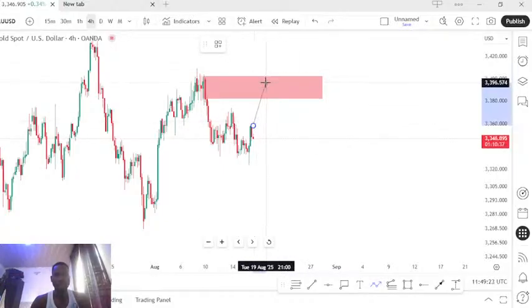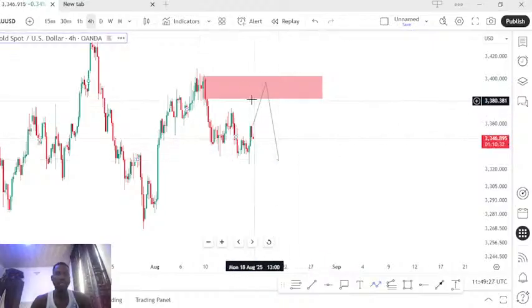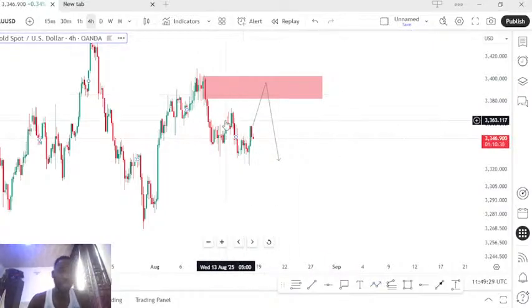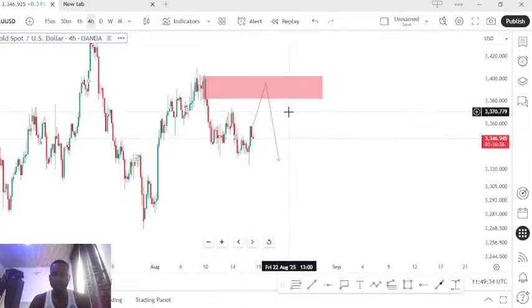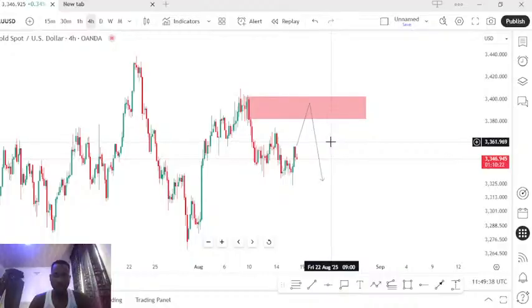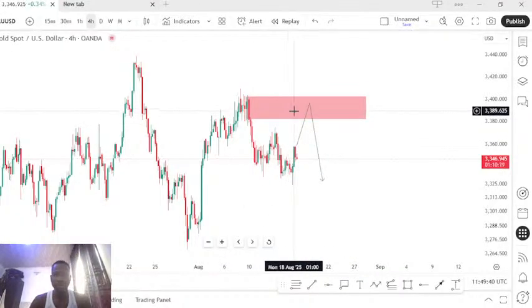I'm looking out to see gold come back here and for it to give me a confirmation basically. So my focus is gold. I'm looking out to see what will play out at this very area here.